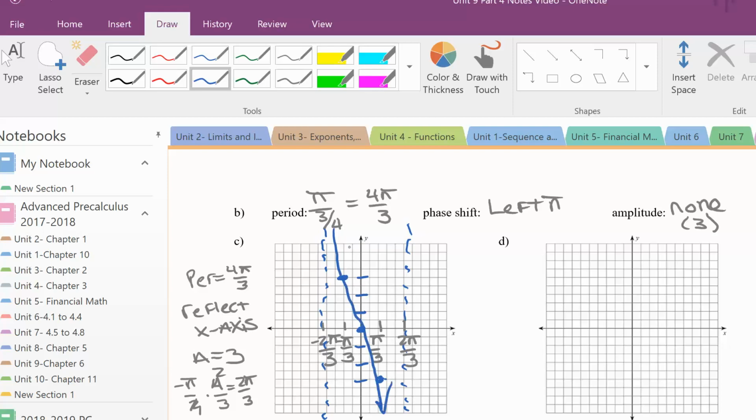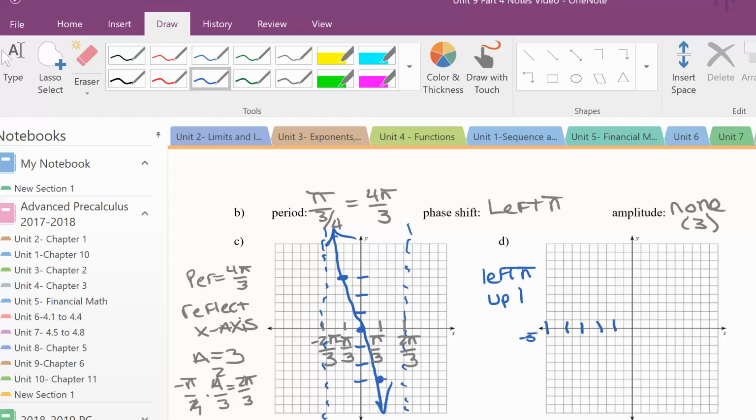Now, the next thing is the left pi and up 1. So if it goes to the left pi, that means you're going to the left 3 pi over 3. So that means now here's 1 pi over 3, 2 pi over 3, 3 pi over 3, 4, and then 5.